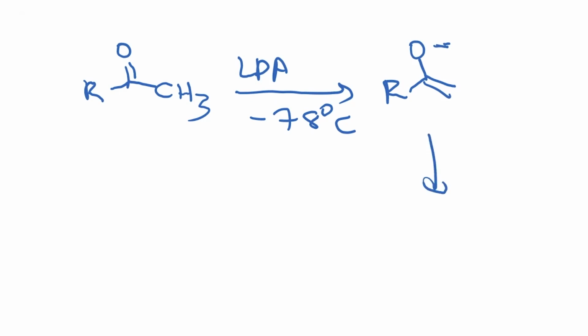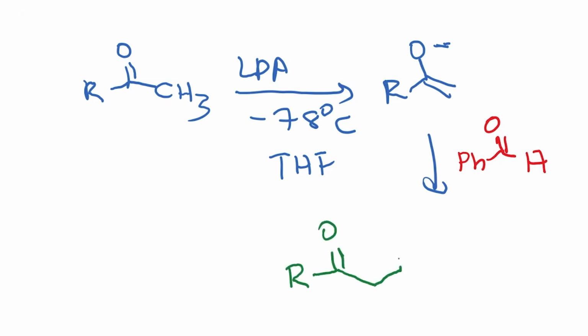But then this is typically carried out in solvents like THF, and then you add your aldehyde or electrophile over here. We'll look at later that you can also carry out alkylation reactions using this kind of a strategy. So you'll end up with C double bond O, OH, and R.